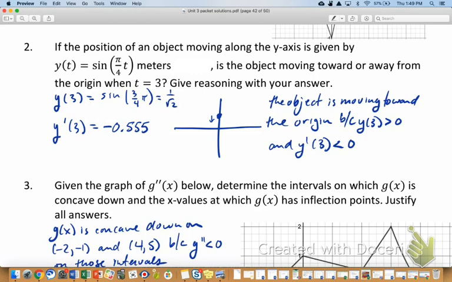Again, maybe a question or something to clarify? Yeah. I don't understand why that means it's moving towards the origin. So my picture is a pretty good representation. Let's put it like this.